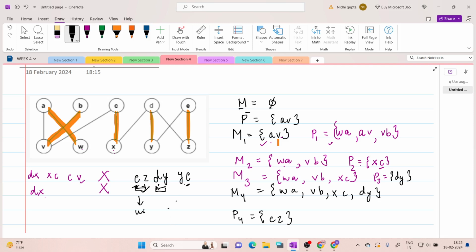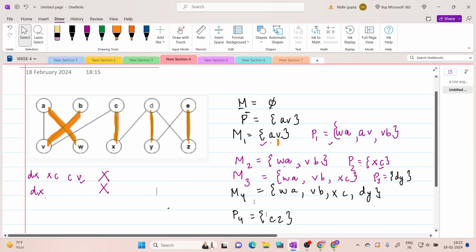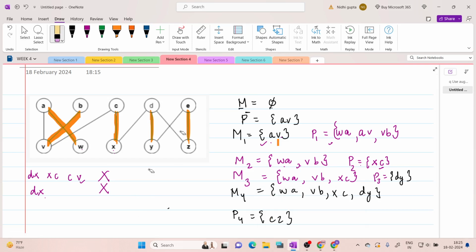Ma'am, I have a doubt. Before taking this matched set, can I say the augmenting path after the M4? Vinayakam sir's question is, what path are you taking? EY, DZ. E is an unmatched vertex, Y is matched, and D is it.